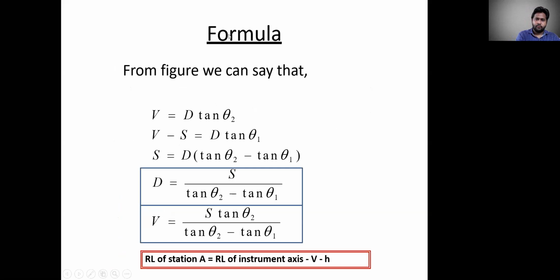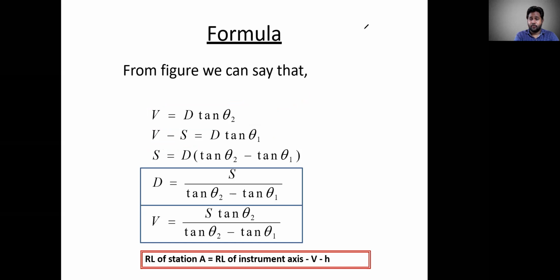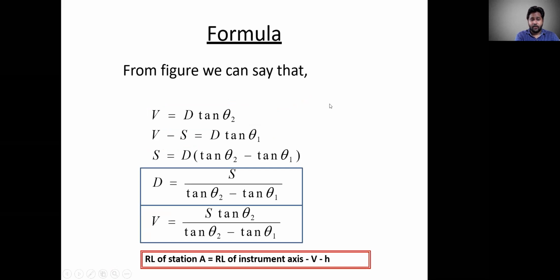Now when you observe this formula, V equals D tan theta 2. Therefore V minus S, how do we get this V minus S, I will show you here.